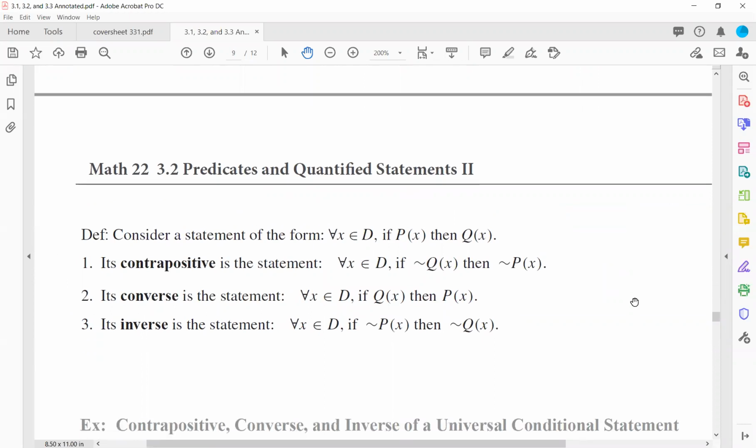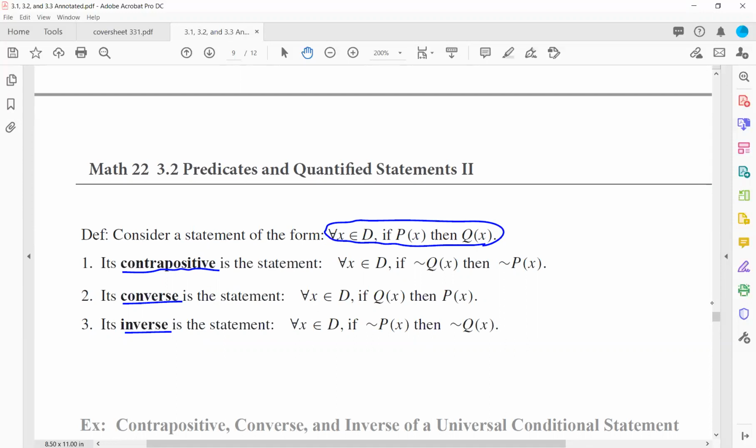Now consider the statement of the form for any x in domain D, if Px, then Qx. Remember that the contrapositive is defined to be for any x in the domain D, if not Q, then not P. The converse is another universal statement, for any x in D, if Q, then P, and its inverse is for any x in D, if not P, then not Q. Guys, note that we didn't use negation on the original statement.